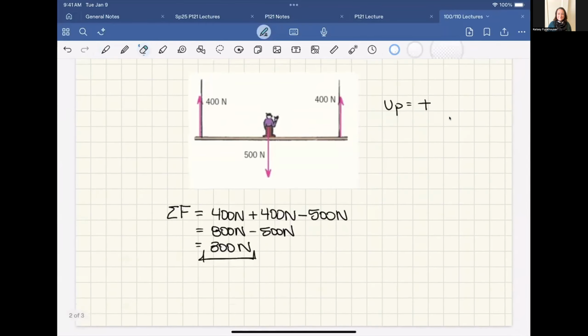And we can double check that by saying, let's say we think this is 300 newtons down, and we can just confirm that would be negative 800 newtons and positive 800 newtons, and that's going to give us 0 total. So the missing force is 300 newtons, and that would make the forces cancel out and put our scaffold in equilibrium.